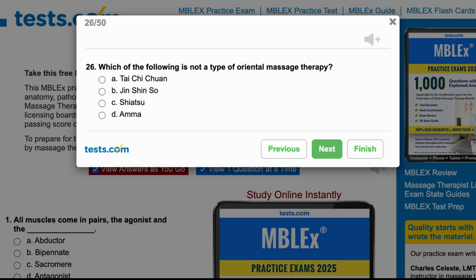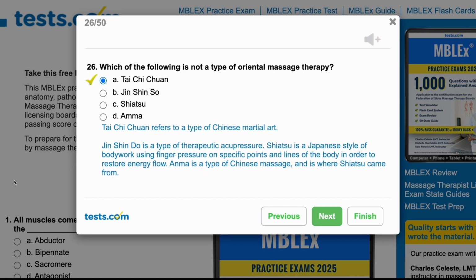Question number 26. Which of the following is not a type of Oriental massage therapy? A, Tai Chi Chuan, B, Jin Shin Do, C, Shiatsu, or D, Ama? A, Tai Chi Chuan.